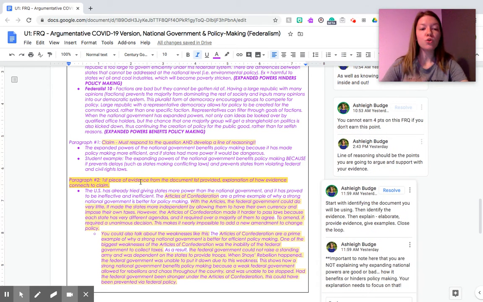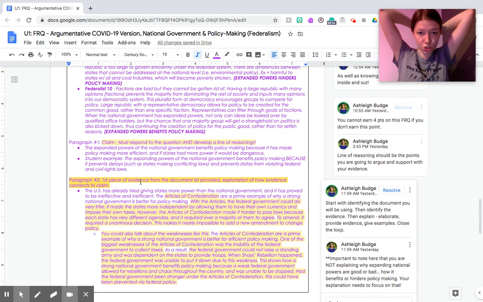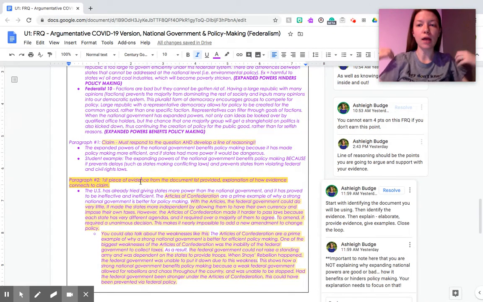Now, your second paragraph, once you have listed your claim and line of reasoning, is to provide your first piece of evidence. This is going to be from the document list that they've provided. So for us, articles, Brutus 1, Fed 10.